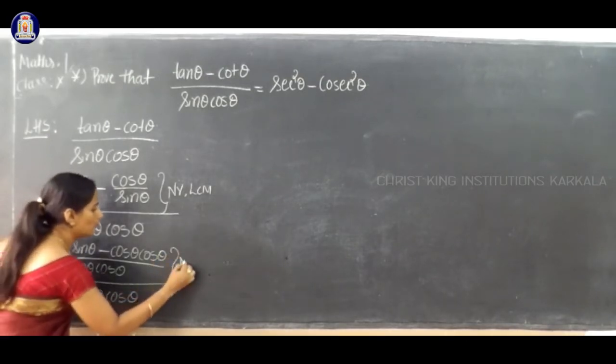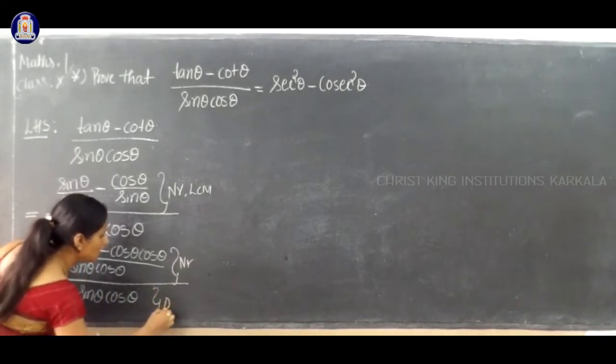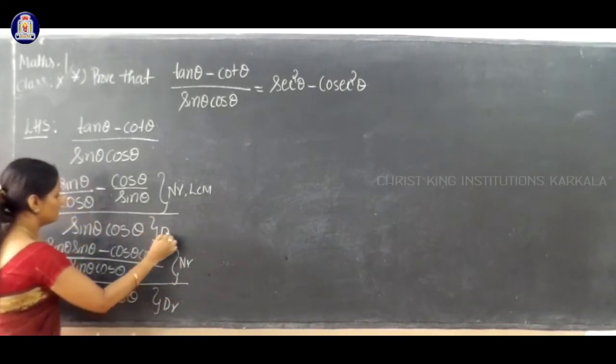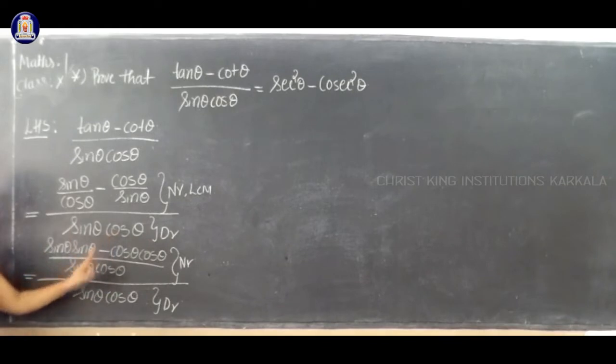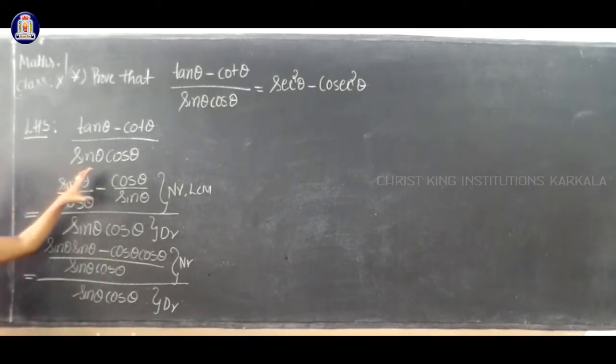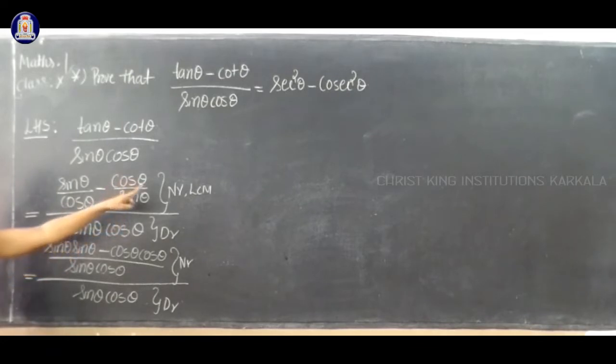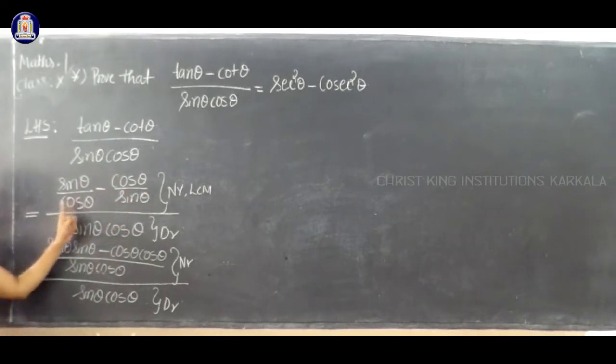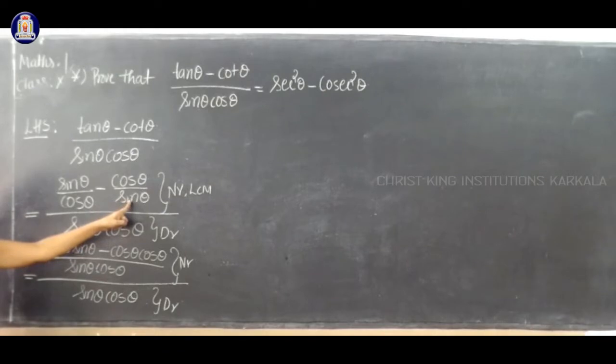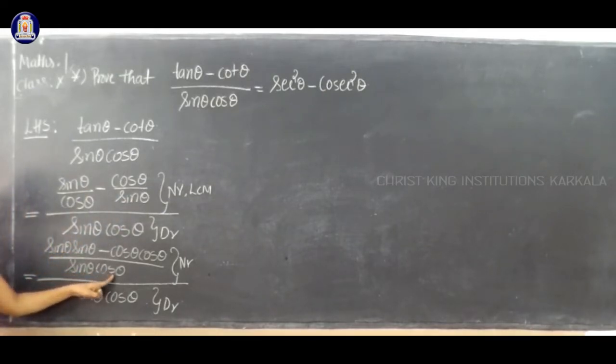This is your numerator part and this is your denominator part, right? The denominator is as it is. Clear? For the numerator, it is a subtraction, which means take the LCM. Cos theta and sin theta are both different, so the LCM is sin theta into cos theta.